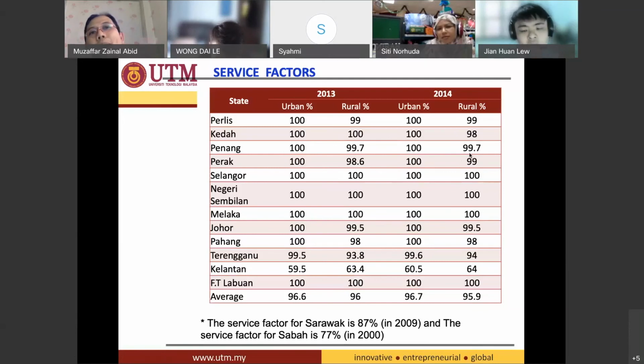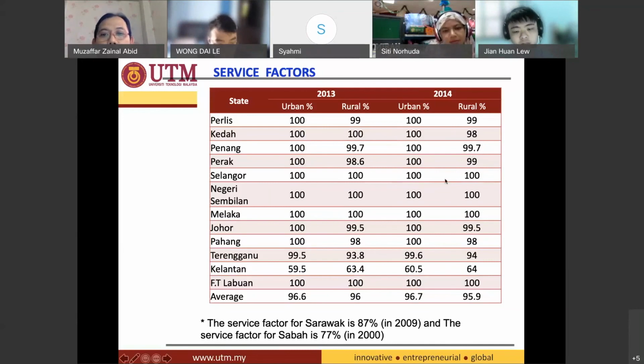So the other 1% may not be able to get treated water, so they may resort to using some other sort of water, for instance from the river. They take the water directly from the river, so they use the water. That would be the case also.